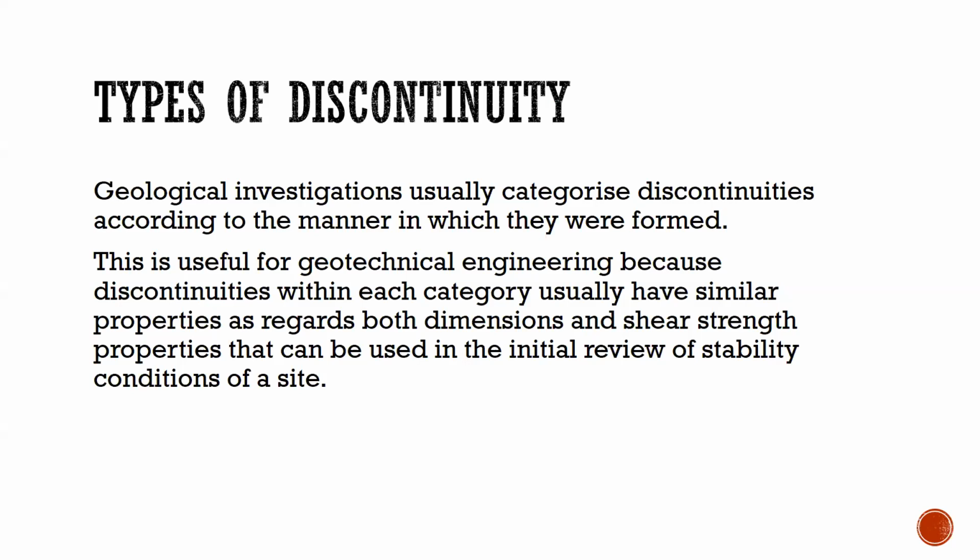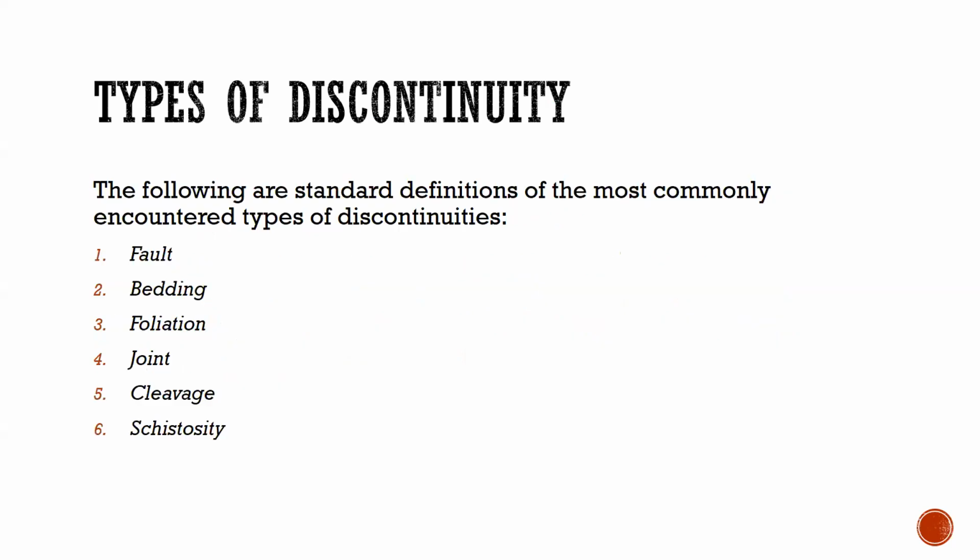So there are different kinds of discontinuity, not only joints, that we will discuss first. These are the most common geological discontinuities observed in the field. That is fault, then the bedding, then the formation, joint, cleavage, and schistosity. Now let me take one by one how faults look like.